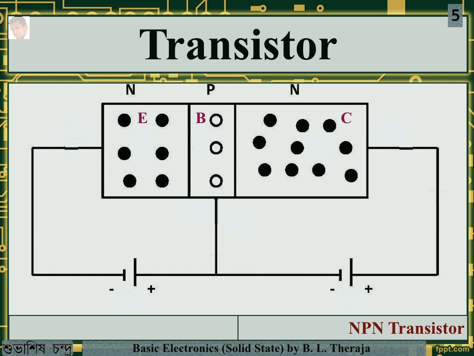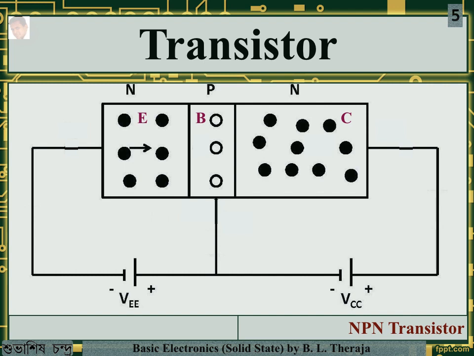The emitter base junction is forward biased by the VEE battery, and the collector base junction is reverse biased by the VCC battery. The potential at the emitter base junction is reduced, thus facilitating flow of electrons from the heavily doped emitter into the lightly doped p-type base.